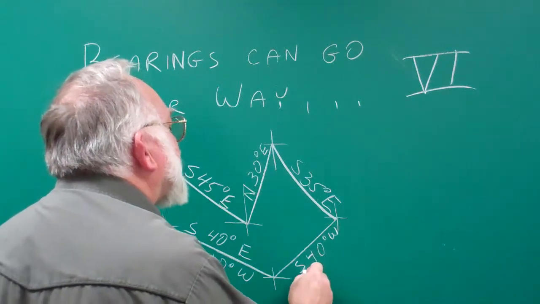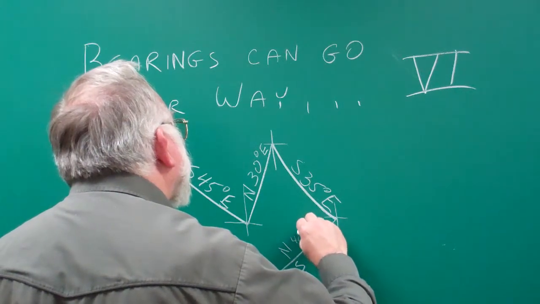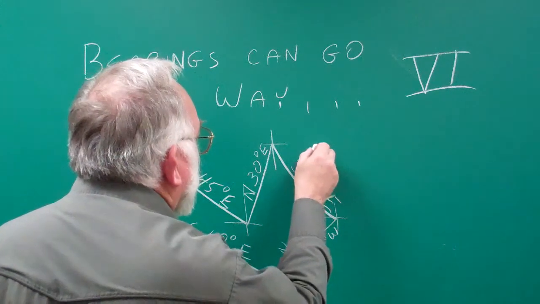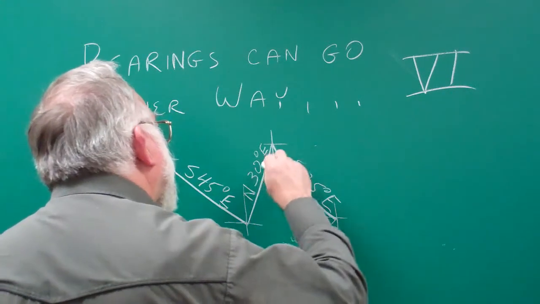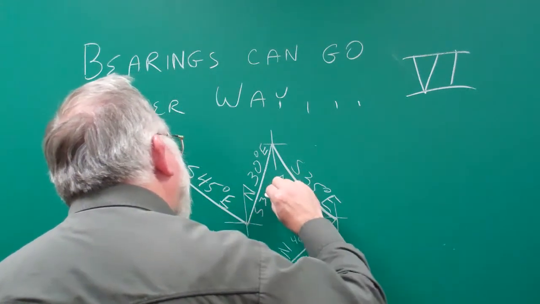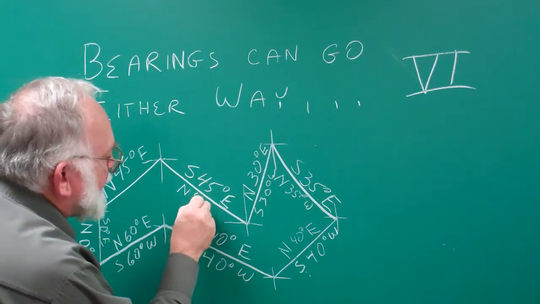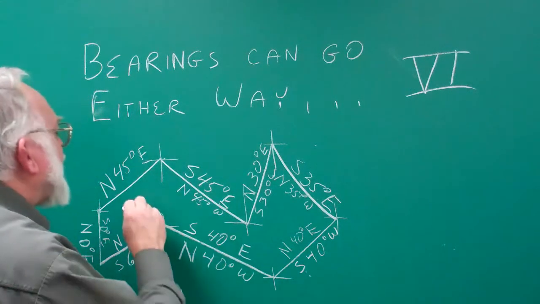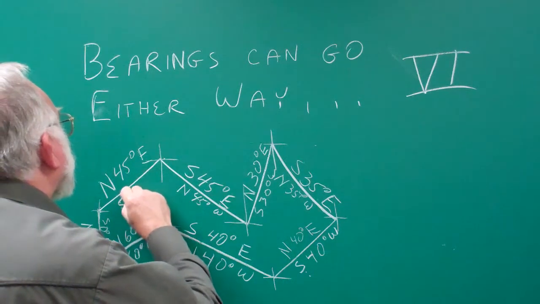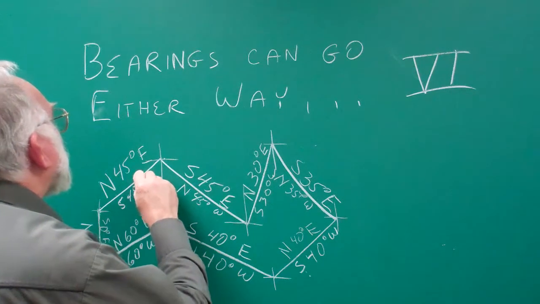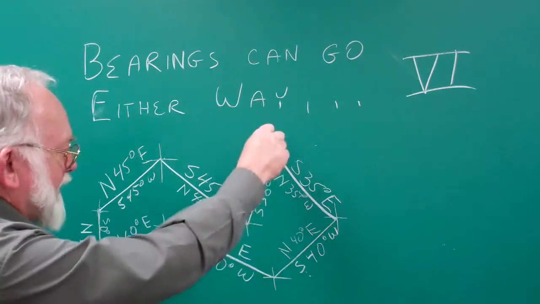Then on this bearing, instead of going south 40 degrees west, we're going north 40 degrees east, and then north 35 degrees west, and then south 30 degrees west, then north 45 degrees west, and then to conclude, back to our point at the beginning, we're going south 45 degrees west. So like I said, a bearing line works no matter which direction it's going.